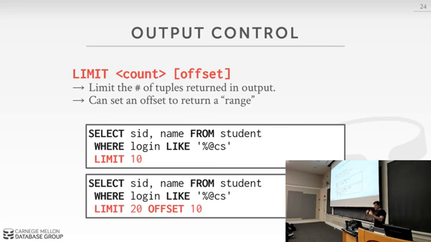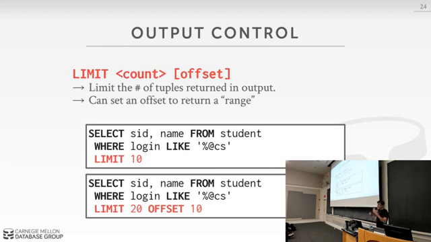Now, because it's unsorted again, there's no guarantee that when you click next, if you're using an offset, you're going to see different tuples, because that's another invocation of the query, and the results may be in a different order the second time. So in this case, you would combine that with an ORDER BY clause, so that you're guaranteed to see the first 10 followed by the second 10 and so forth.